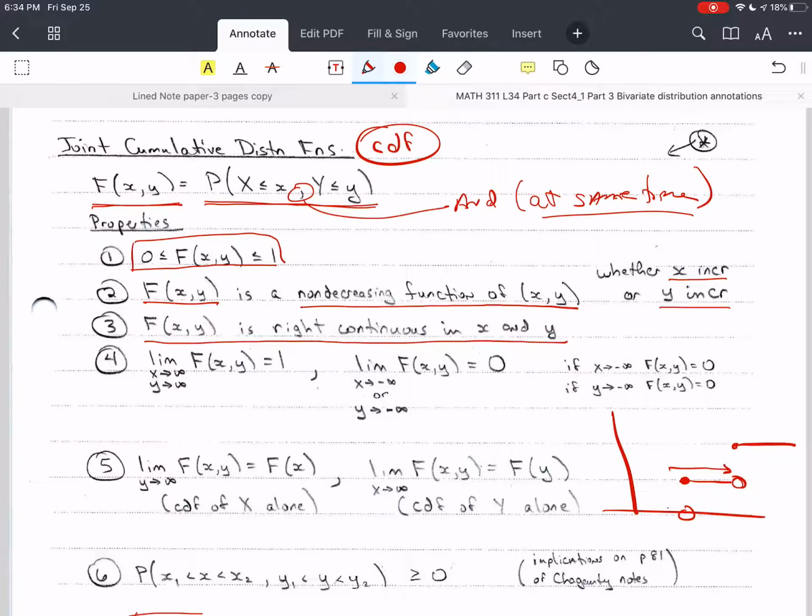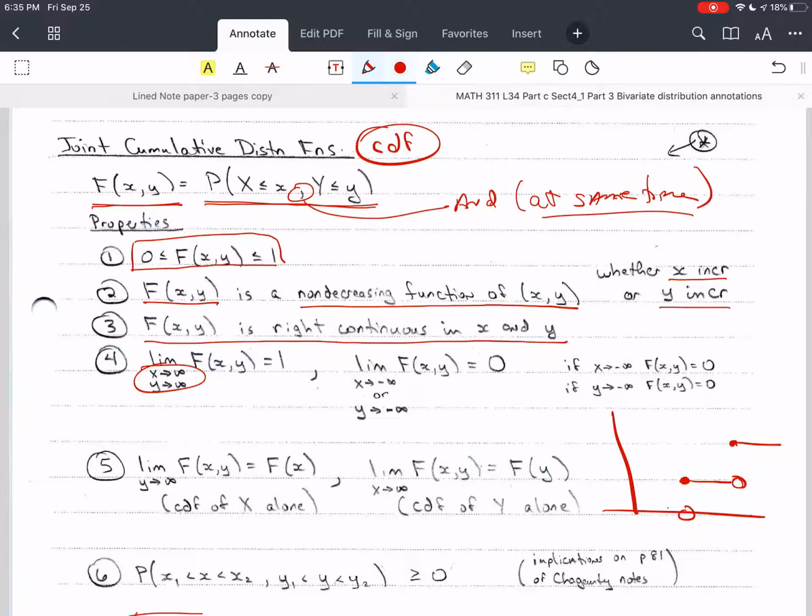There's a jump there, right? So this is called right continuous, and all CDFs are right continuous. They may be truly continuous in the case of a continuous PDF, but for discrete, they are right continuous. And this is both in x and y, and I'm not going to try to draw it in 3 dimensions.